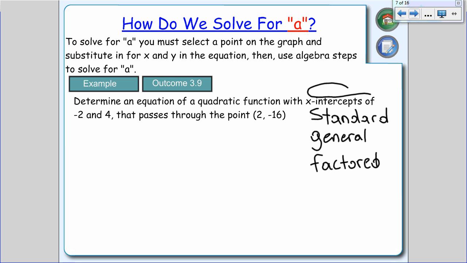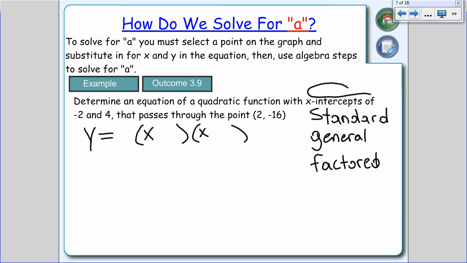Right. So let's write it out. y is equal to, and we know our factored form always looks something like that: something times something, always x something, x something. What is going to go in these blanks?